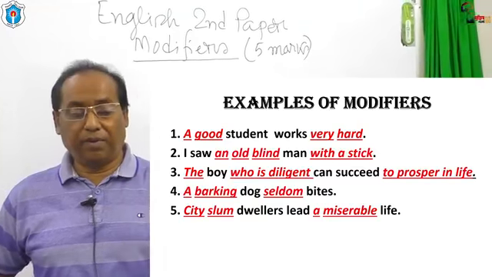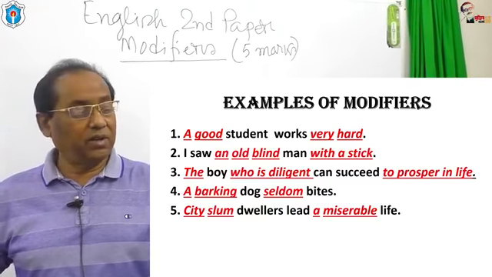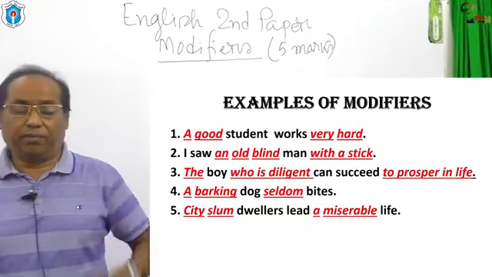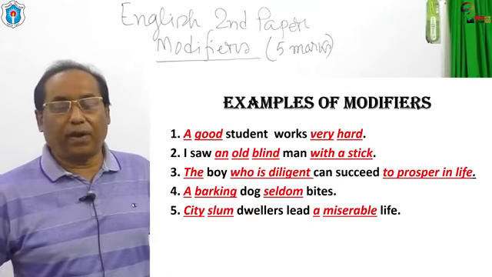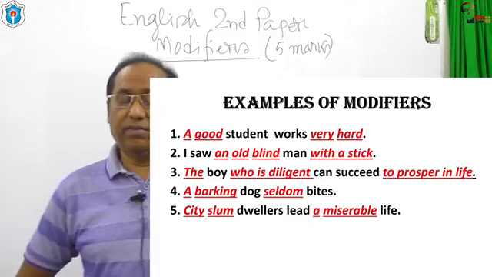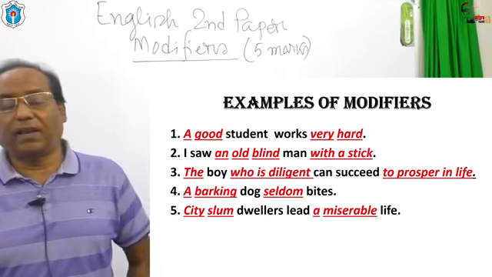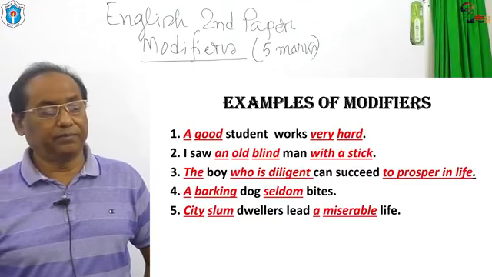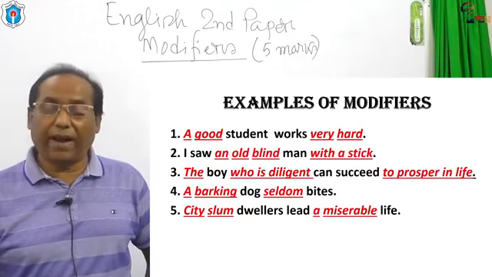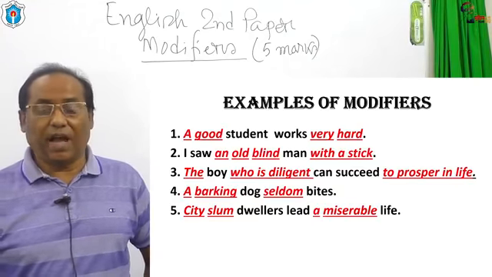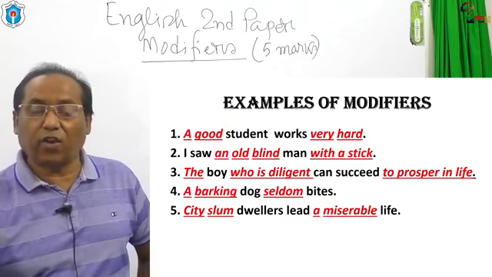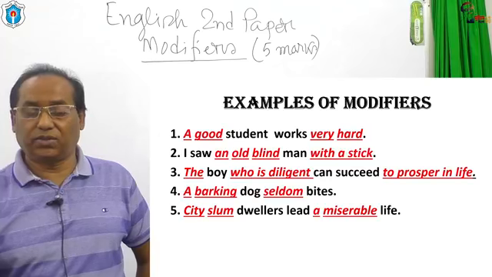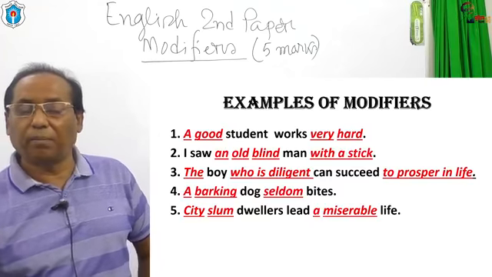Again, I have already discussed. Is another modifier. Now seldom. What kind of part of speech is it? Seldom is an adverb. Okay? It modifies bites. How often does the dog bite? How many times does the dog bite?